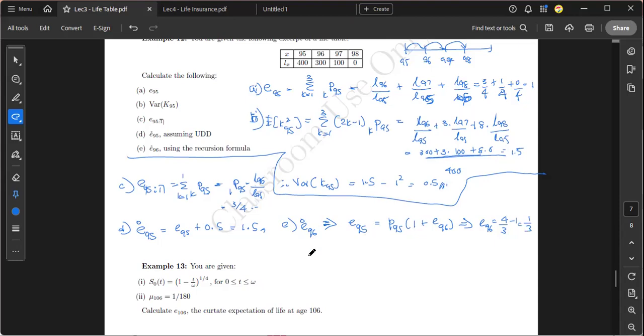And under the UDD assumption, we can say this, and eventually it's this, which is 6, 2, and 3.